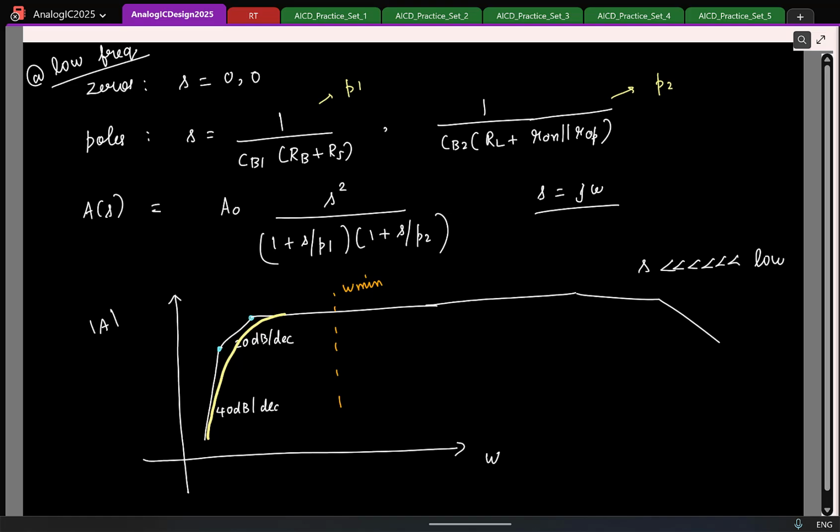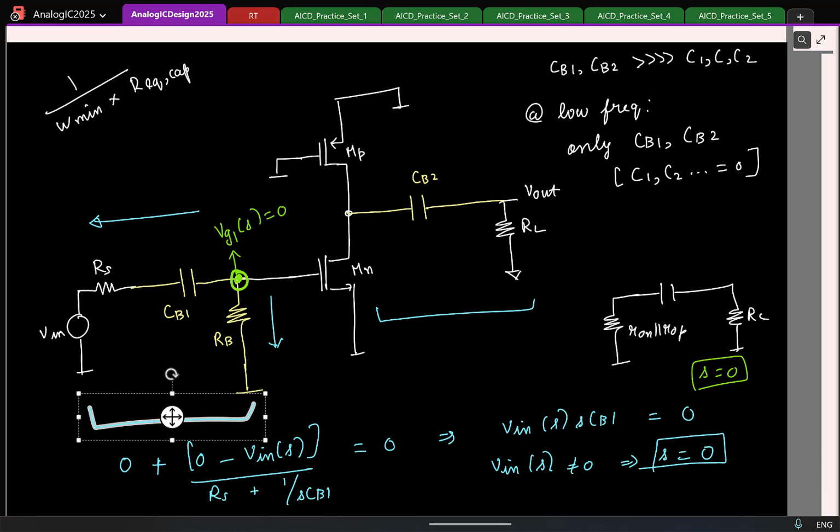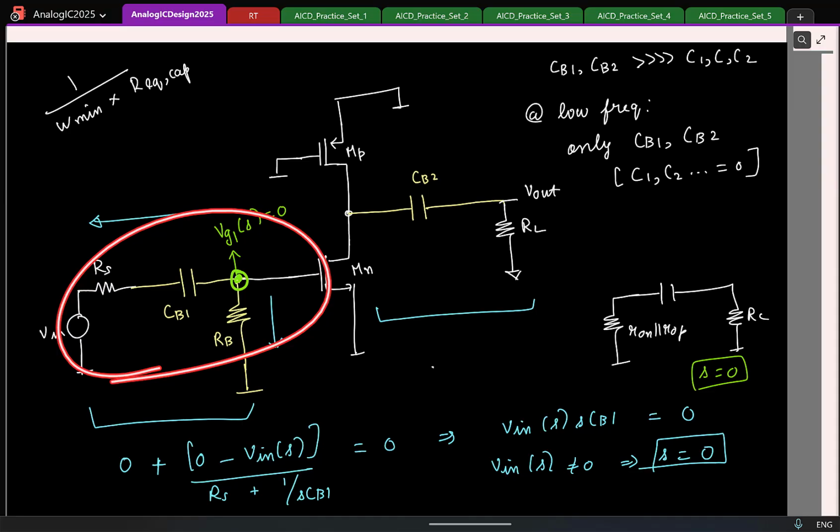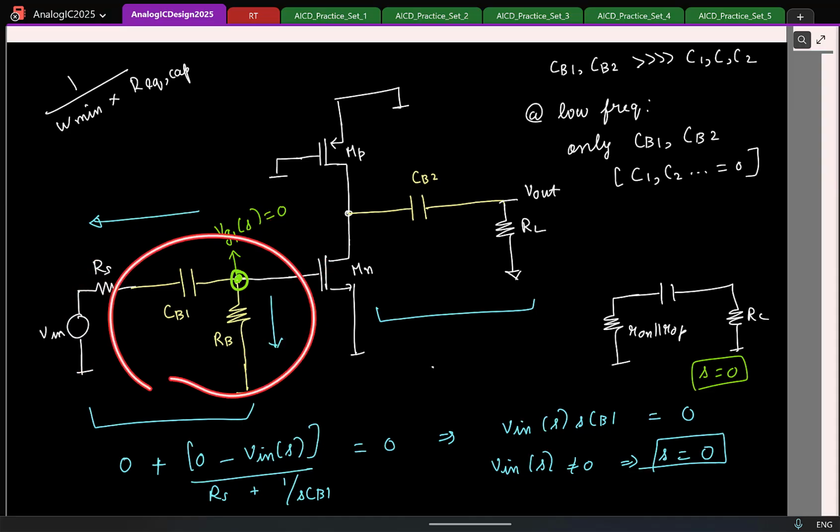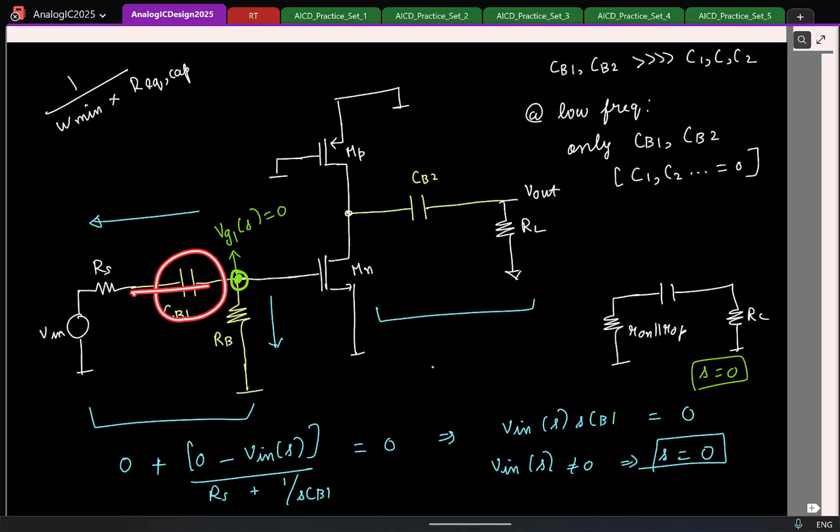But the point I wanted to make is that if you have this AC coupling structure here, the moment you introduce one of them, you will have a 0 at S equal to 0, and you will have a pole at the 1 by RC frequency, right? Because ideally I want this capacitor to act like a short circuit for signal frequency, but I don't want any DC current to flow through the capacitor.